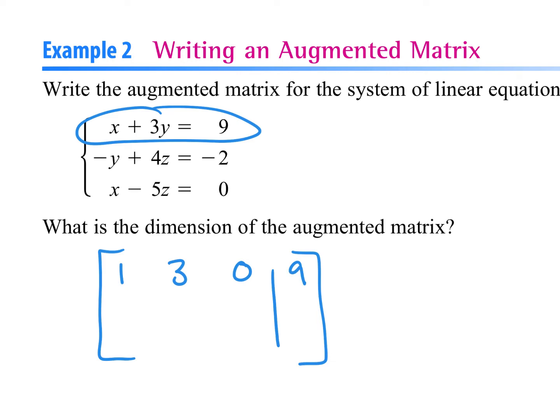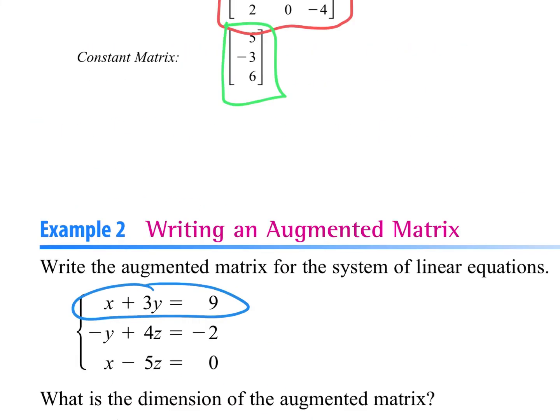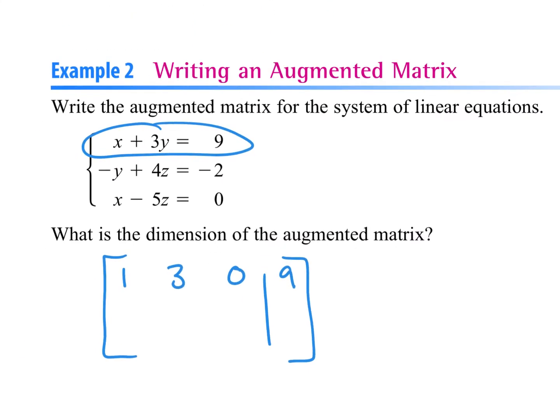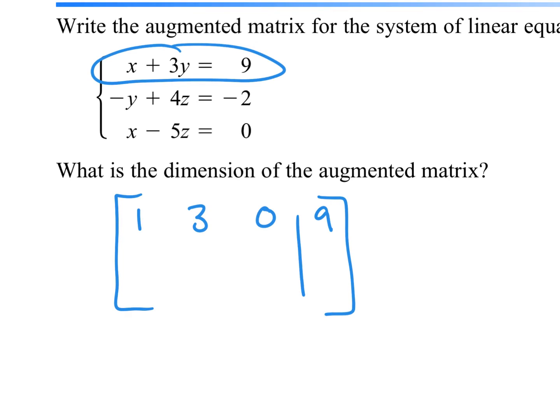What is that line there? Like how up here it had dots, you can just put a line. It represents like the equal sign. So then in our second equation, what's the coefficient for x? 0. The coefficient for y? -1. And the coefficient for z? 4. And our constant? -2.